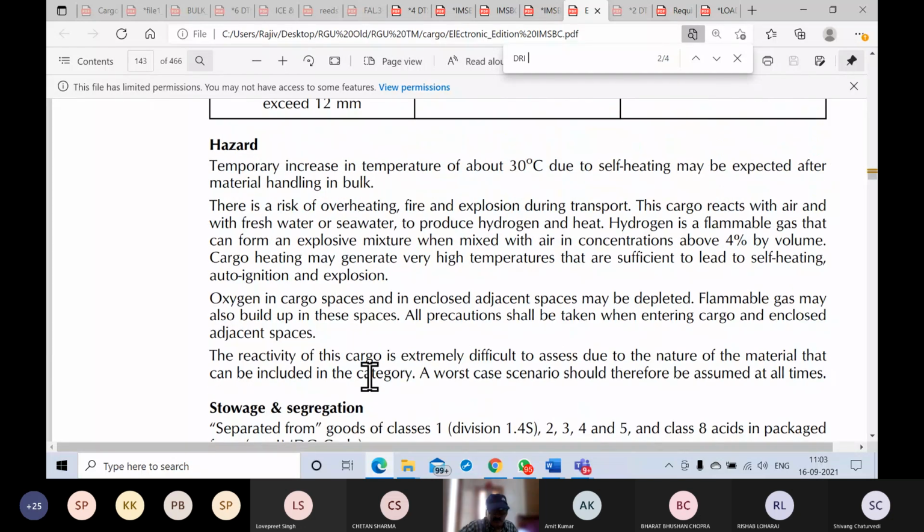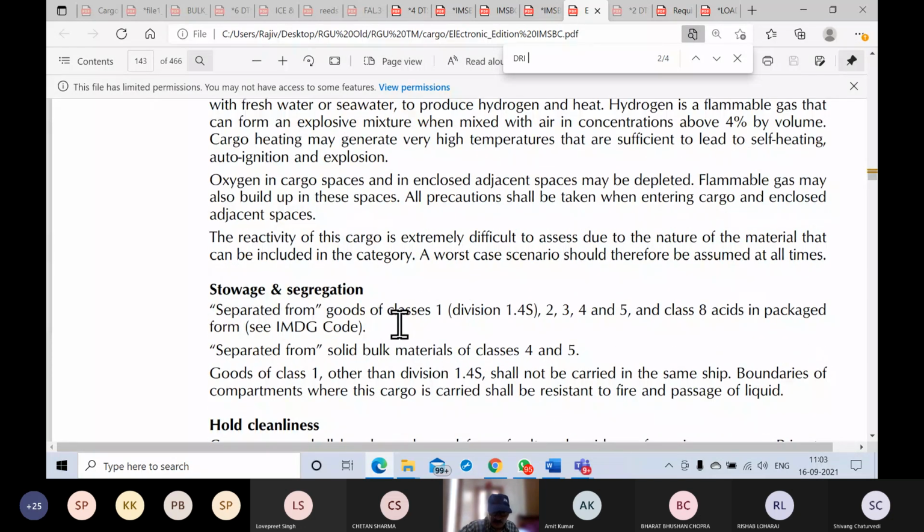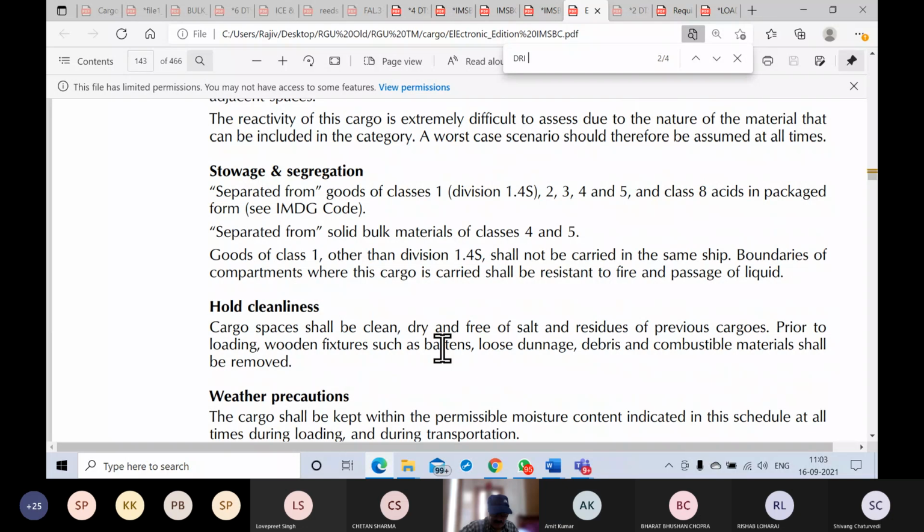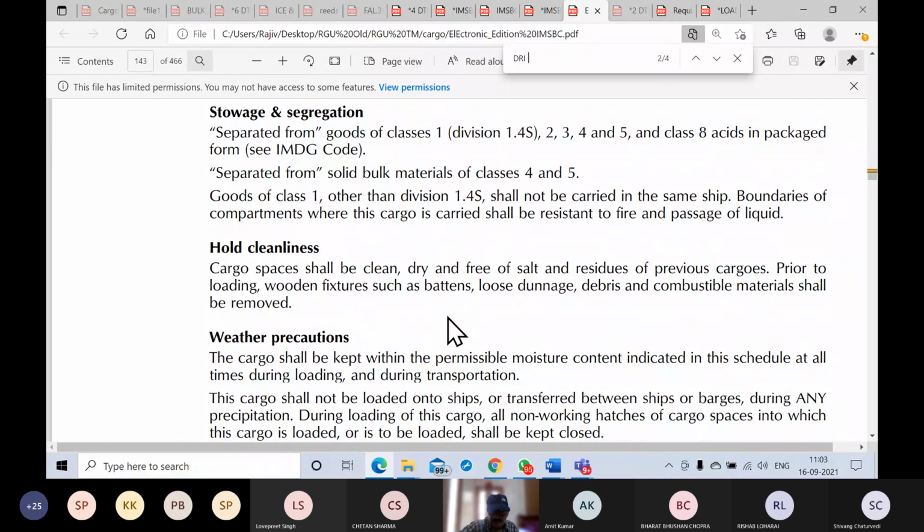Storage and segregation, it is also listing this. You have opened out the individual schedule for DRI C and you see storage and segregation also. Storage separated from. IMDG हो गया आपका? IMDG किया है आपने शायद. Anyway, उसमें आपको ये समझ आ गया ना? Separated from goods of class 1, separated from, division कैसे होनी चाहिए? ये है ना IMDG में?